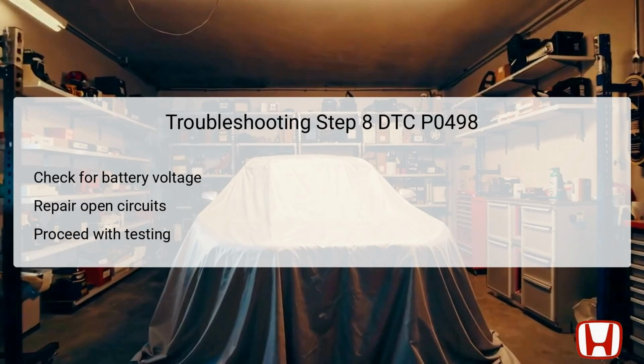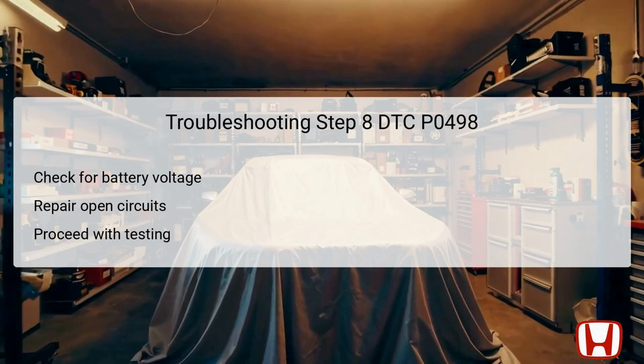Step 8 focuses on interpreting the measurement taken in the previous step. If battery voltage is absent at the connector, this points to an open circuit issue that needs to be repaired. This circuit connects the EVAP canister vent shut valve to the PGM-FI, Powertrain Management Fuel Injection Sub-Relay, which is responsible for providing power to various components within the fuel system.